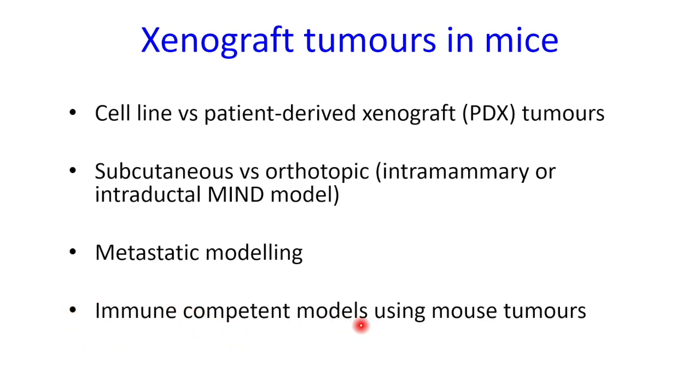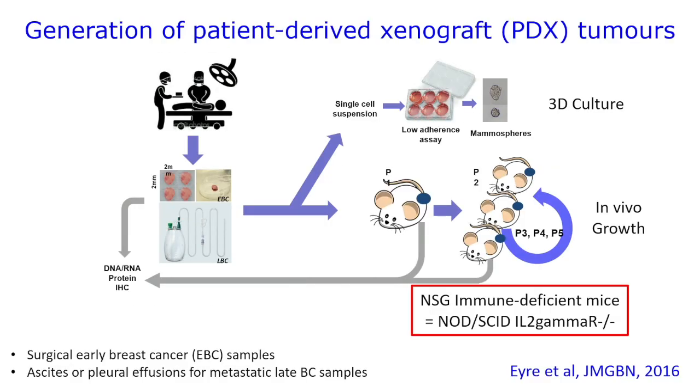And for that you need immune competent models where you use mouse syngeneic tumours, but those don't really model human tumours quite so well. Some of them are better than others, I would say.